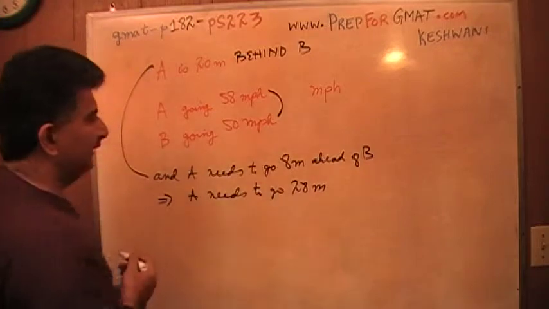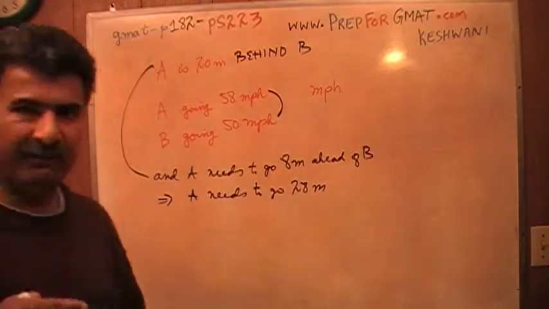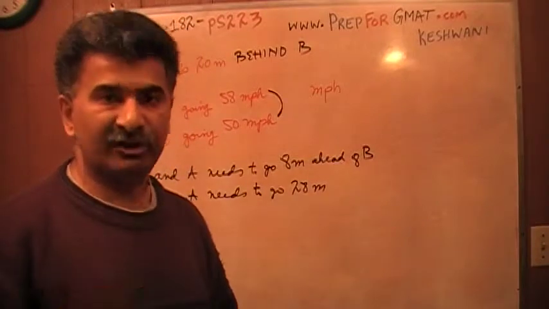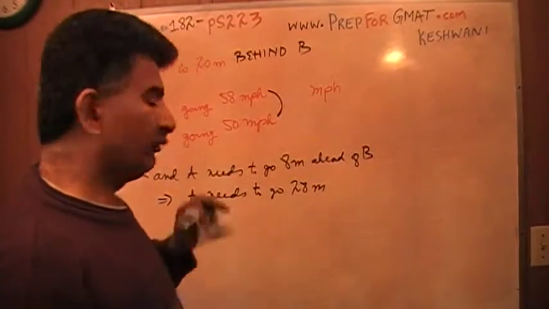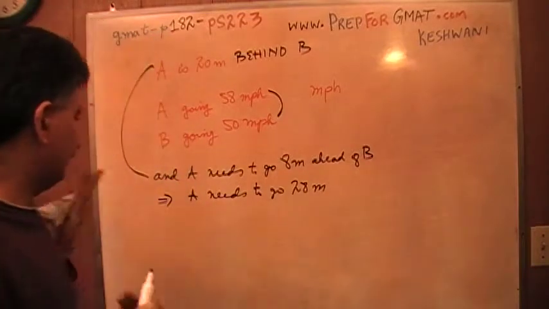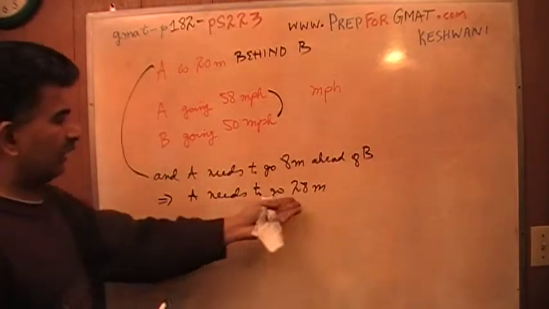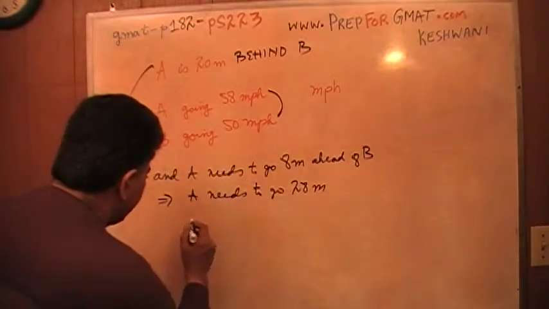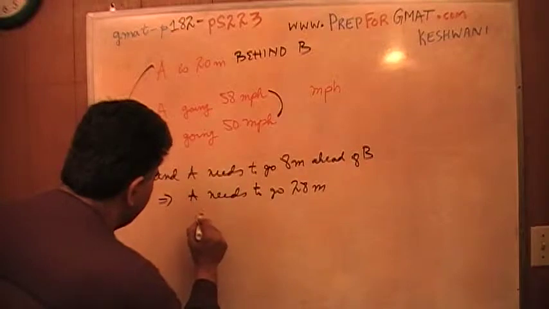The difference in their speed is 8 miles per hour, which means every hour A travels 8 miles as if B were stationary. B is going at 50 miles an hour, so their relative difference in speed is 8 miles per hour. So the question simply is, how long does it take to travel 28 miles if you're going 8 miles per hour?